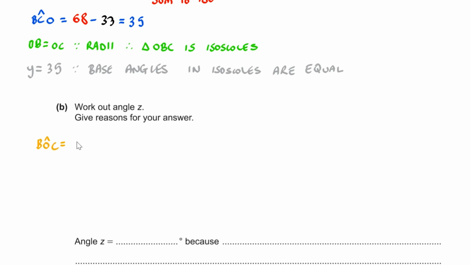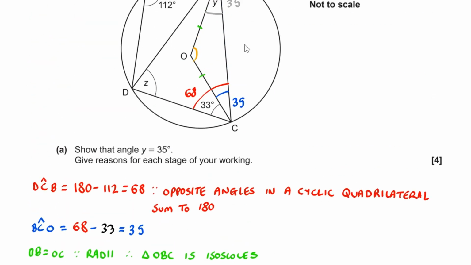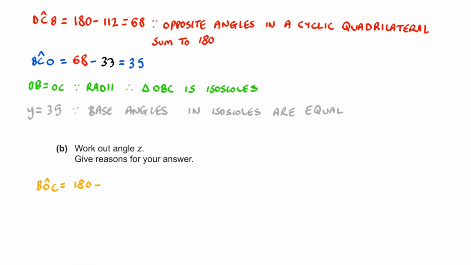We can work this out to be 180 take away the 35 that we calculated, take away the other 35 that we calculated before. So 180 take away 70 is 110. So we've got BOC equaling 110 degrees.